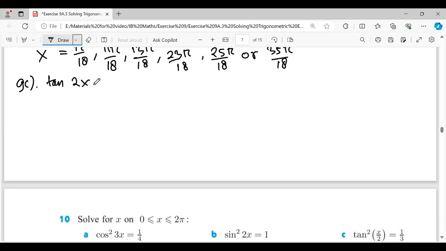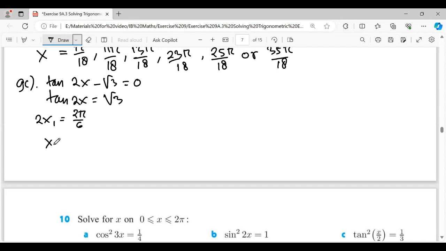Tangent x minus square root 3 equals 0. Tangent x equals positive square root 3. So x equals 2 pi over 6, because if you check on the diagrams, square root 3 is 2 pi over 6.